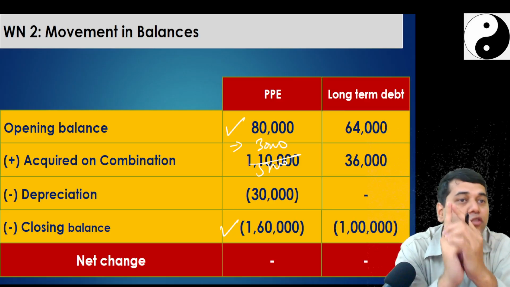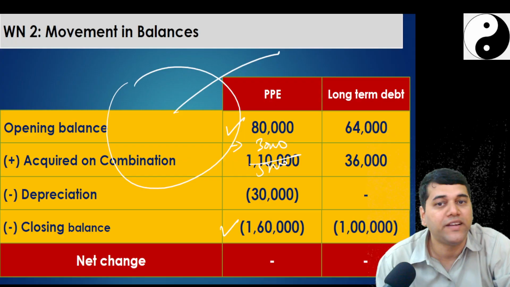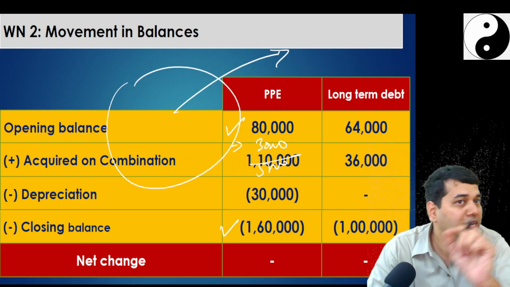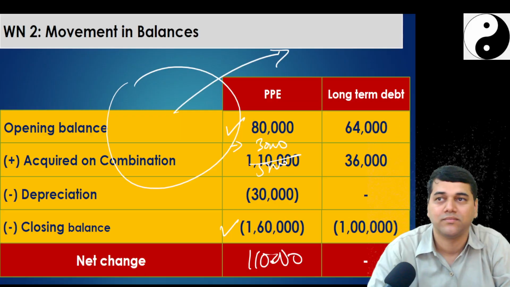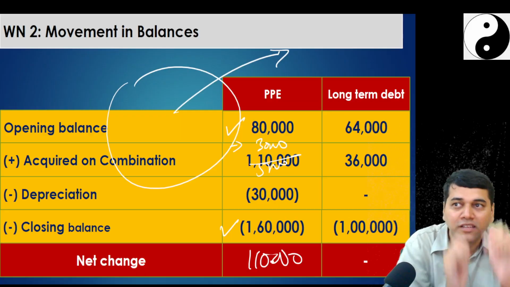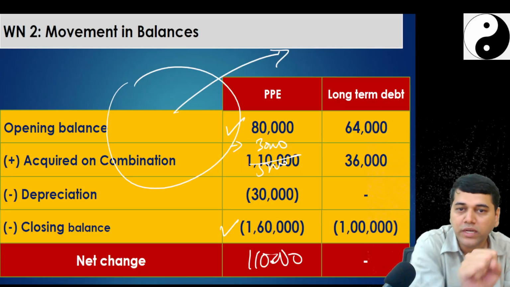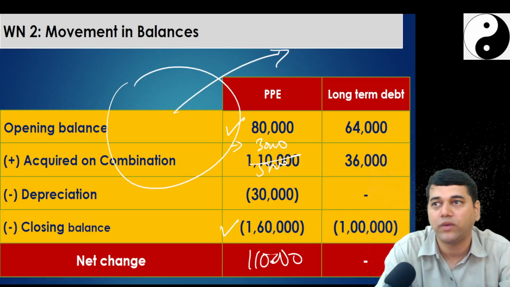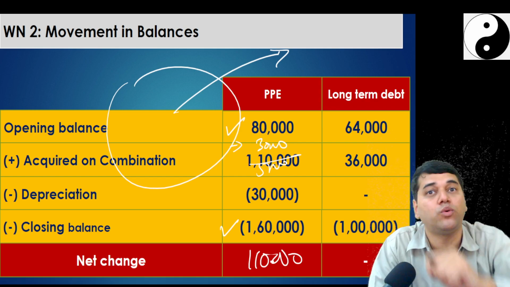What is that? 74,000 rupees. From the group perspective, you paid 74,000 to a third party. That's the only cash you spent. You didn't spend cash to acquire this 1,10,000 rupees. But in the consolidated balance sheet, you added your 80, you added their 1,10,000 and showed it consolidated. In reality, you didn't pay cash for 1,10,000.